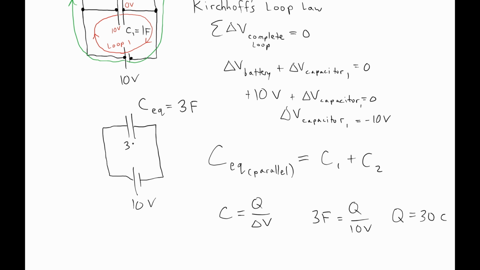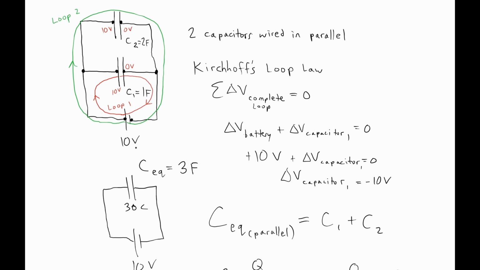And that's helpful, but it is important to note that that's not a real capacitor. There's no one capacitor that 30 coulombs is on. It's on a combination of these capacitors above. So we have to use our reasoning about how coulombs work, like what exactly charges are, to figure out where these charges go.